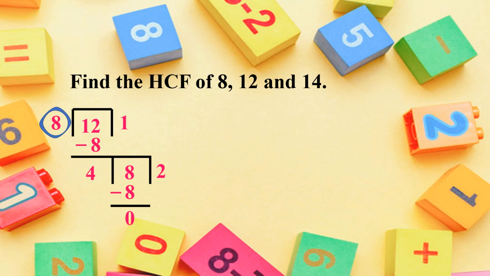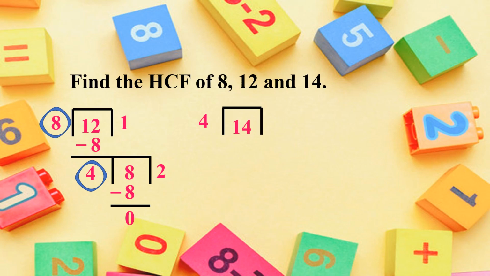So the HCF of 8 and 12 is 4. Now we will find the HCF of the third number, that is 14, and the HCF of 8 and 12, that is 4, by dividing these numbers. So 14 does not fall in the table of 4.